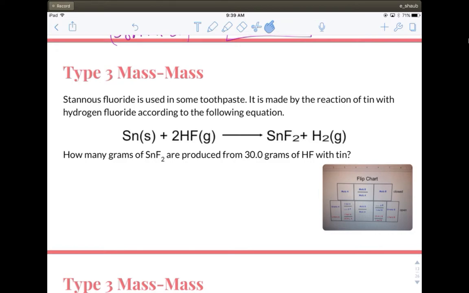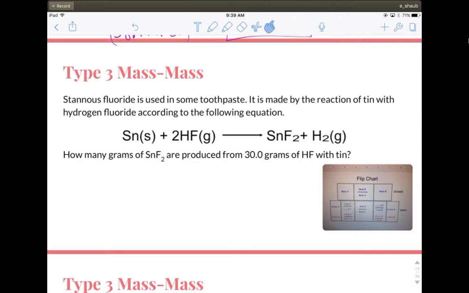For this chemical equation, I already give you the balanced equation. Stannous fluoride is used in toothpaste. It's made by reacting tin with hydrogen fluoride according to this equation. First, I want to talk about how we recognize A and B and what part of the flip chart we're going to use here.